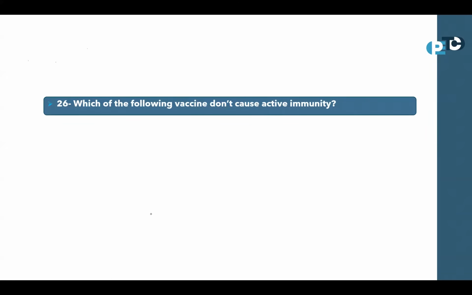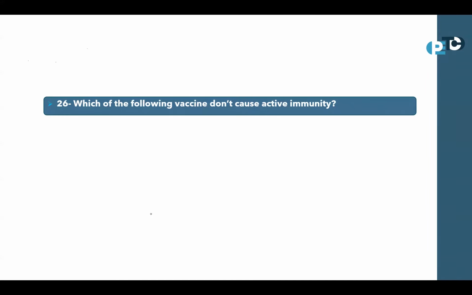Which of the following vaccines does not cause active immunity? What is the difference between active immunity and passive immunity? For active immunity, we let the body generate its own immune system or generate its own antibodies. While passive immunity, we just give the antibodies directly, or immunoglobulins directly.